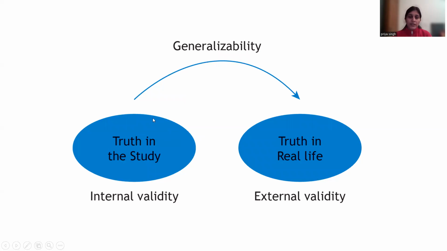So, when we conduct a research, the truth in that study is known as internal validity. And if the truth in the study can be generalized to the truth in real life, that is known as external validity. If a study is not internally validated, it can never be externally validated. For example, if you want to check hemoglobin of adolescent females, you collect blood samples of the patients and take the hemoglobin.